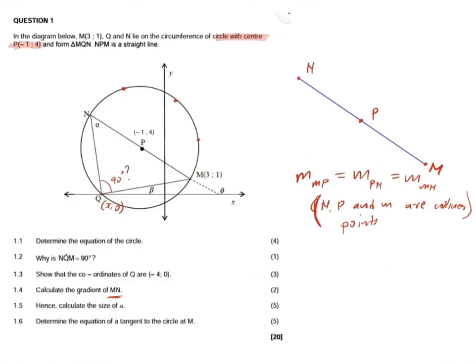1.6 says determine the equation of the tangents to the circle. So now we need to determine the equation of a tangent to this circle. All right, so since they're saying the tangent, they don't specify which tangent this is. We are going to draw our own tangent. So we want to picture a tangent intersecting at point M. Something like that, yes. And then now we need to find the equation of this line.